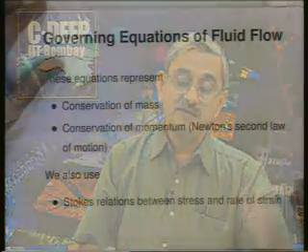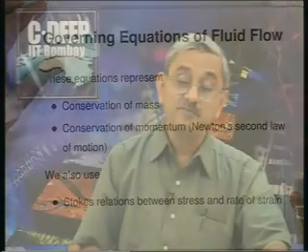Now, just the way we couldn't solve problems of conduction purely by using the governing equation of conservation of energy, we needed a subsidiary equation which was the Fourier's law of heat conduction. Similarly, these two equations, conservation of mass and conservation of momentum, by themselves are not sufficient to solve fluid flow problems.